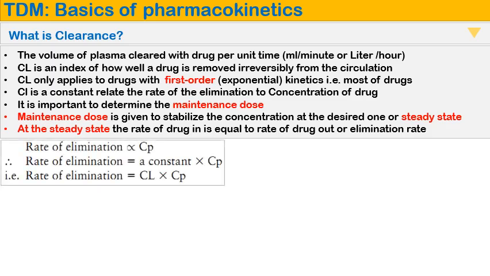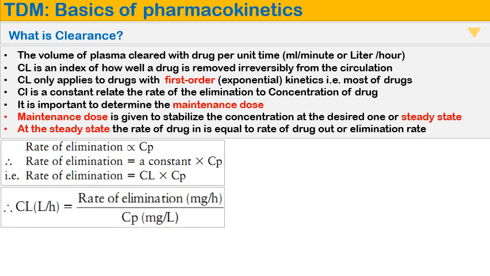Rate of elimination is directly proportional to the concentration in plasma. Rate of elimination is equal to the constant multiplied by plasma concentration. So the rate of elimination equals the clearance multiplied by concentration in plasma. So for calculation of clearance, the clearance in liter per hour is the rate of elimination in milligram per hour versus concentration in plasma.